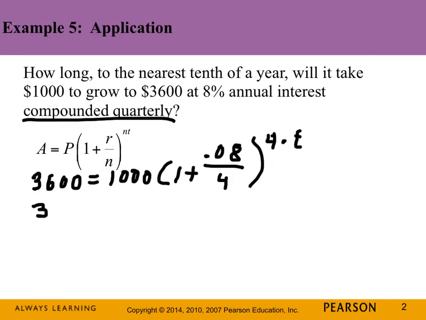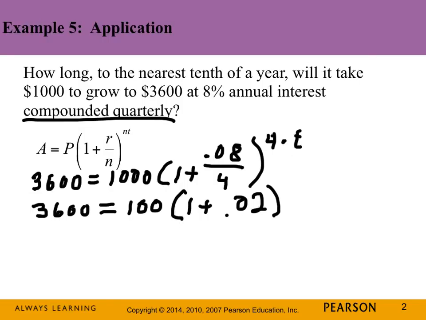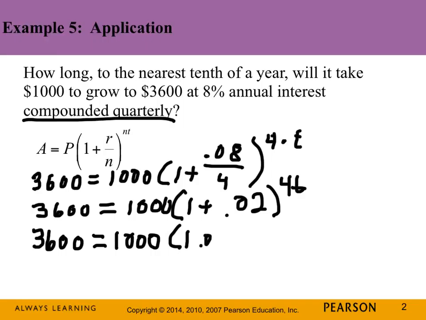So let's see, now we have 3,600 equals 1,000 times 1 plus 0.02 raised to the 4t power. Whoops, and that was 1,000, wasn't it? Sorry about that. Okay, so now let's keep going. 3,600 equals 1,000 times 1.02 raised to the 4t power.